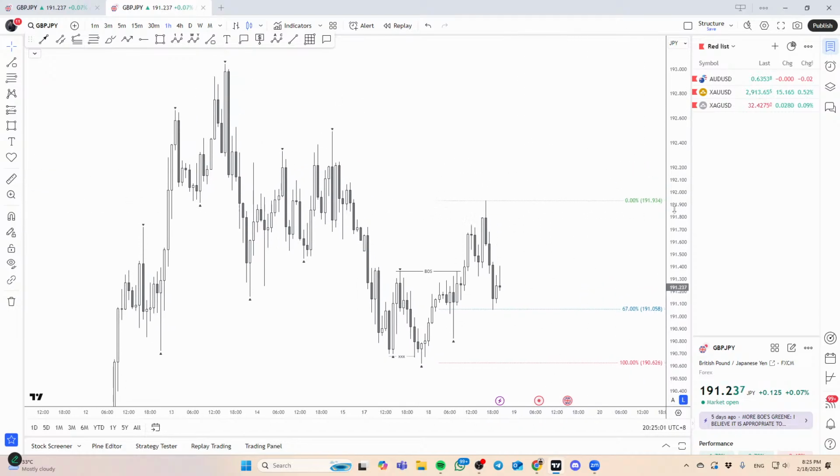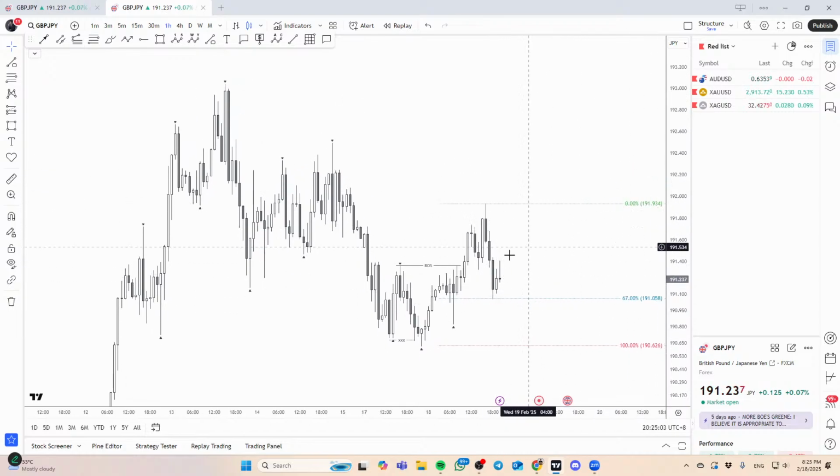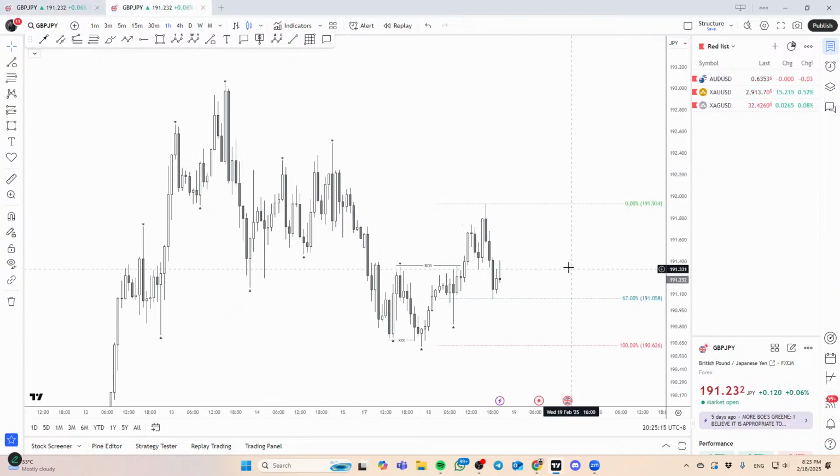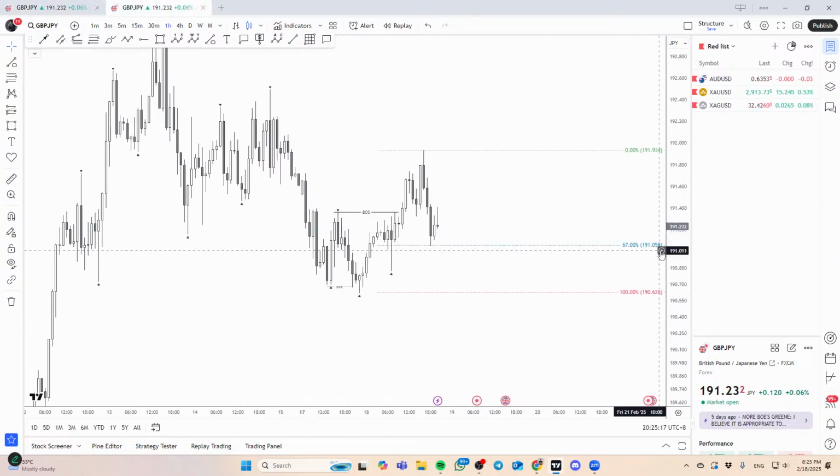But the thing here is, would I be very confident in taking this trade? Probably not, because I would expect at least a 50% pullback on a higher time frame. So my key area is somewhere around 190. If I'm going to take this trade here around 191, then it hasn't really entered into my key area.